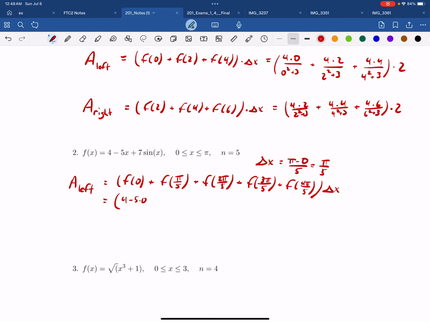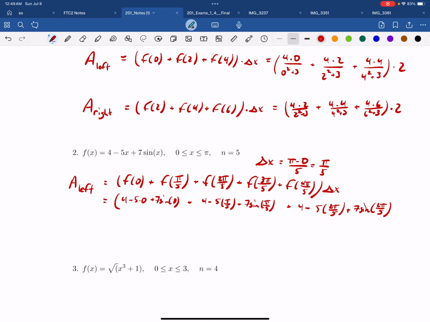So in this case, that's going to be 4 minus 5 times 0 plus 7 sine of 0. We actually could simplify that. That's just 4 plus, and now we're doing f of pi over 5. So we're getting 4 minus 5 times pi over 5. Actually kind of nice. Plus 7 sine of pi over 5. Not so nice. And then we just keep doing this. We have 4 minus 5 times 2 pi over 5 plus 7 sine of 2 pi over 5. Good thing we're not simplifying.